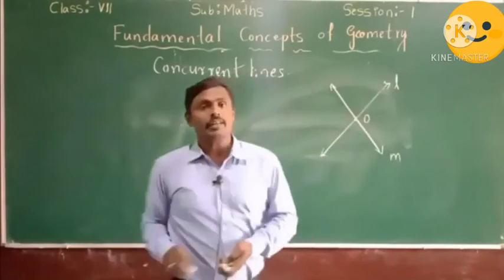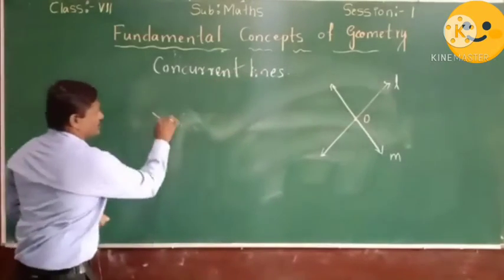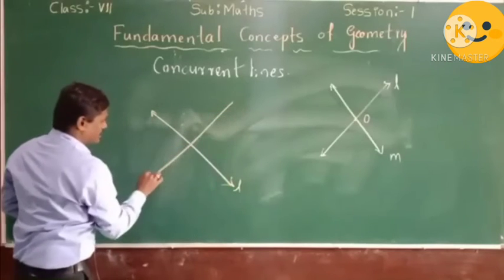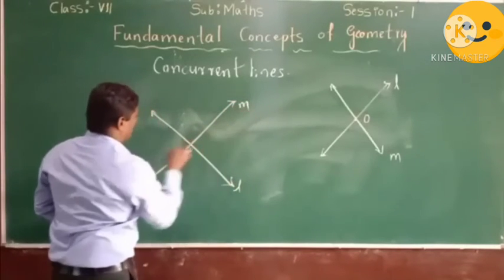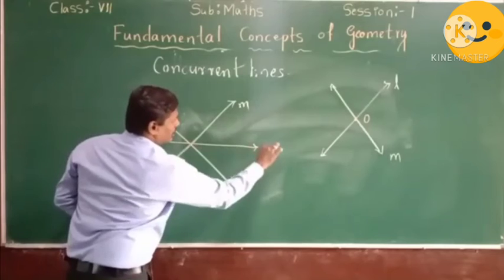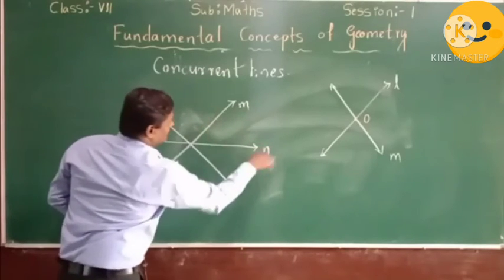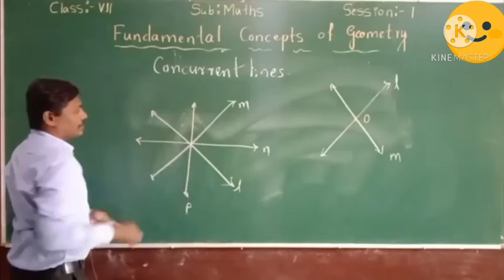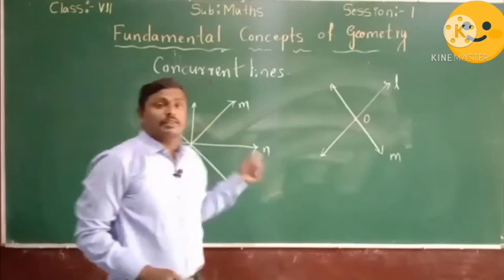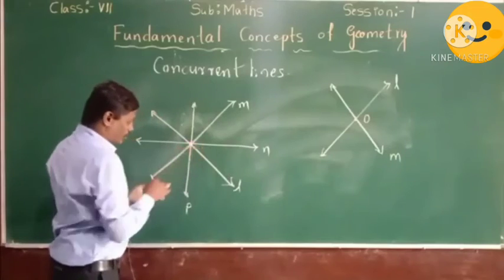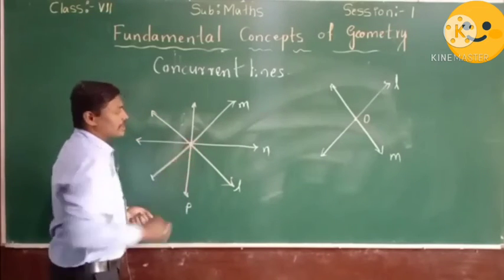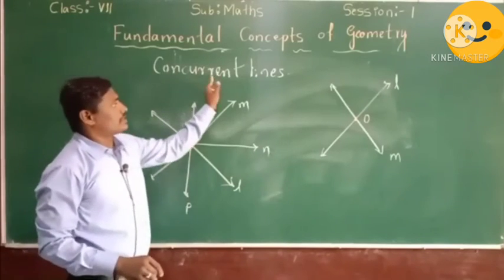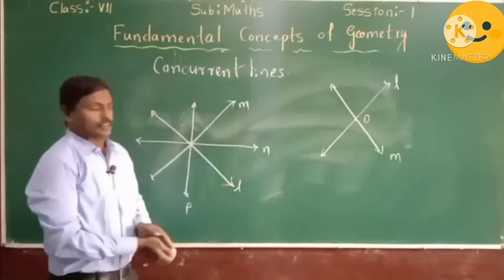But concurrent lines means take more lines. This is line L, the second line is M, the third line is N, and the fourth line is P. When three or more lines pass through a single point, then these types of lines are called concurrent lines.